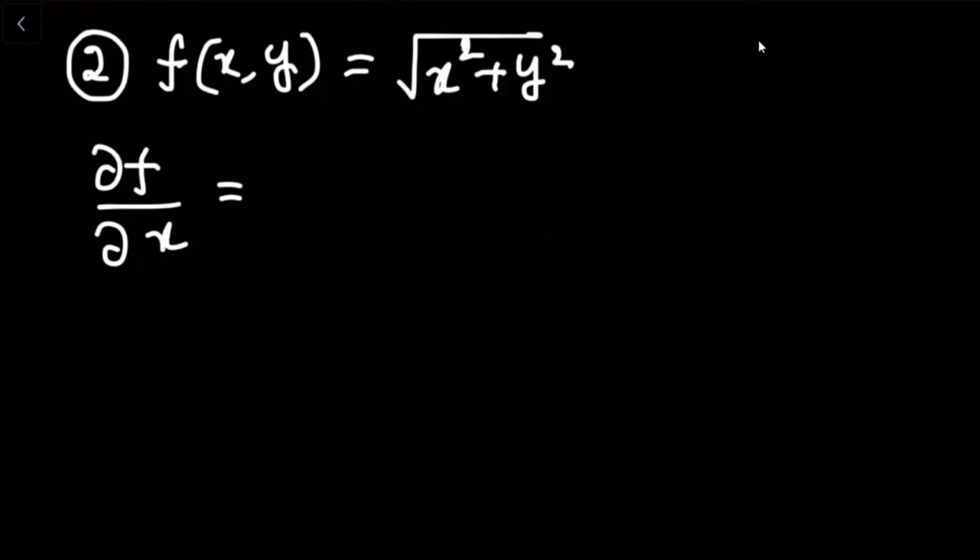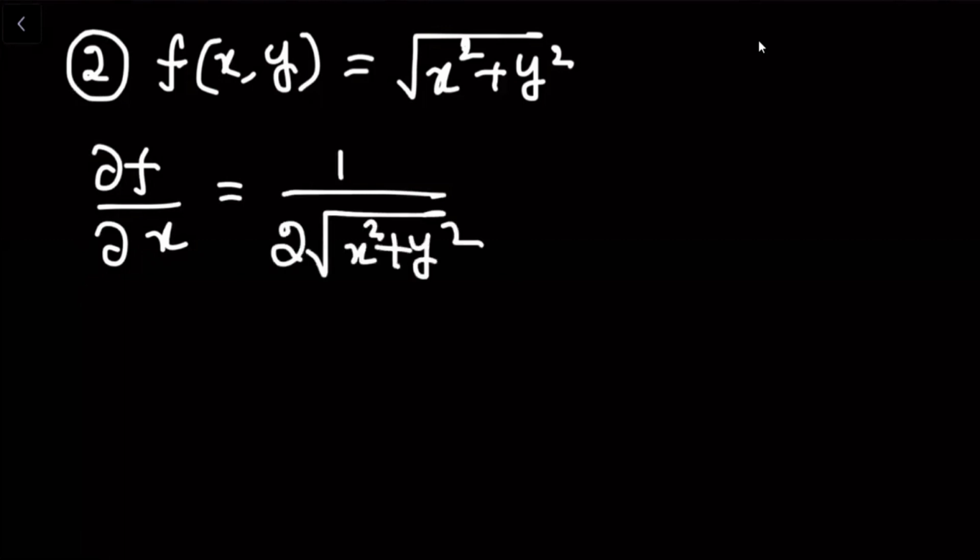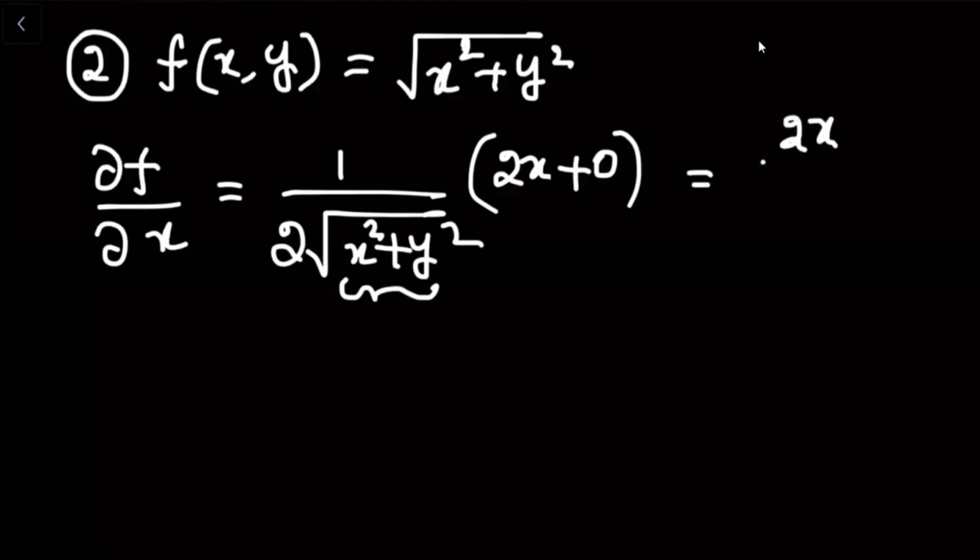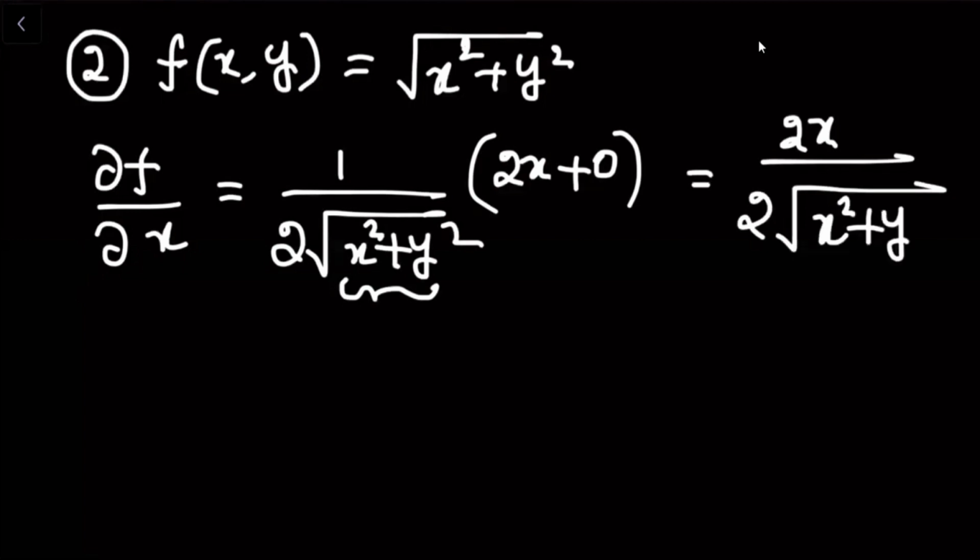So therefore 1 upon 2 times square root of x square plus y square, and the derivative of x square plus y square gives 2x plus 0 since y is constant. So therefore 2x upon 2 root x square plus y square is our answer, and you can cancel out 2 by 2.